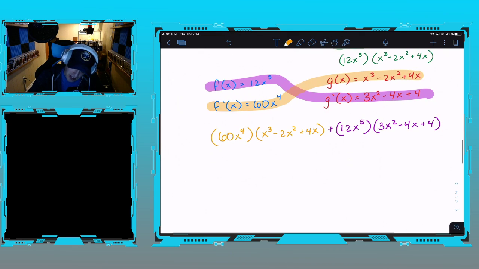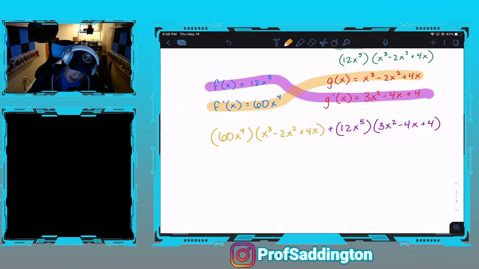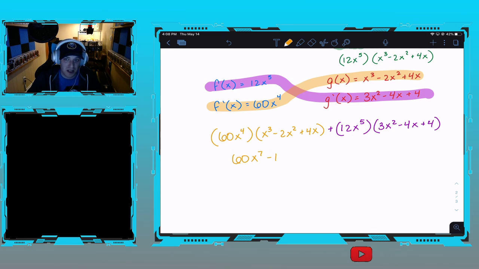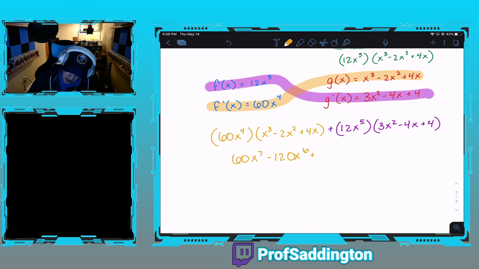On the left side, I can multiply the 60x to the 4th and x to the 3rd, and I'll have 60x to the 7th. I can distribute the 2x squared, so I'll have negative 120x to the 6th plus 240x to the 5th.